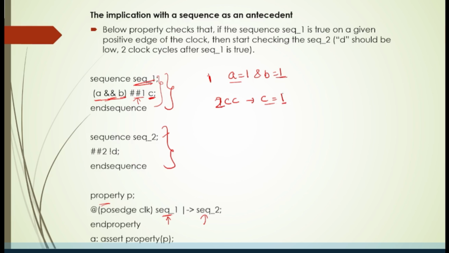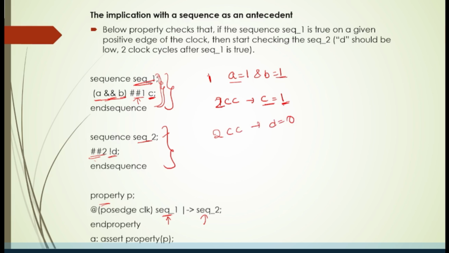Now after C is high, after this sequence has happened, the second sequence should be evaluated. So what is the second sequence? After C is high, if you see here, I don't have any other condition. I have just mentioned the delay hash 2 and not of D. That means after C is high, then after 2 clock cycles, D should not be high, so D should be 0.